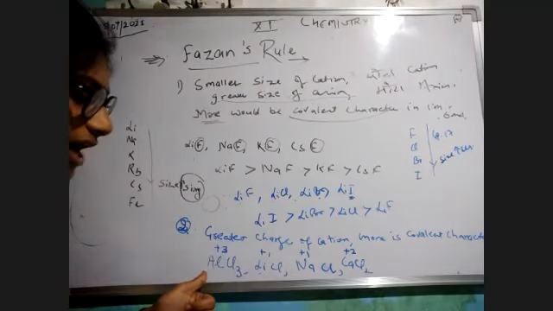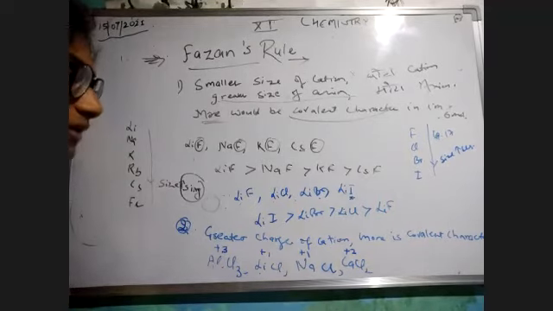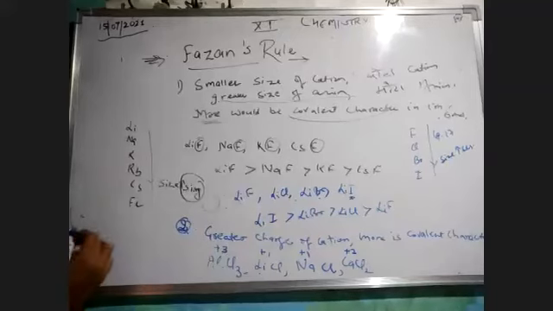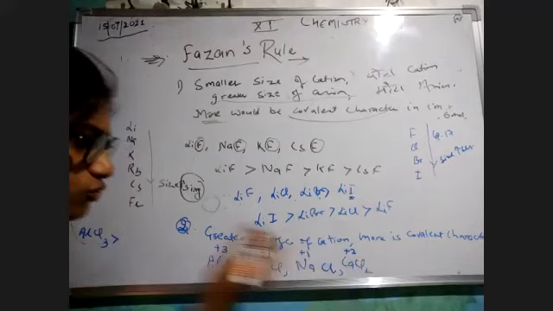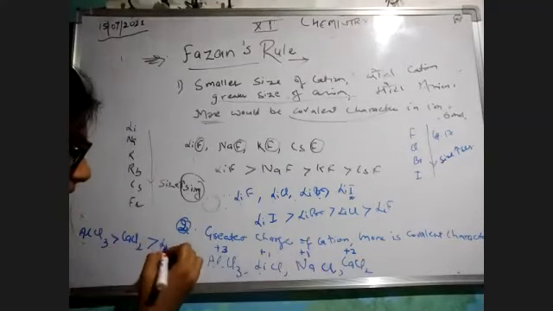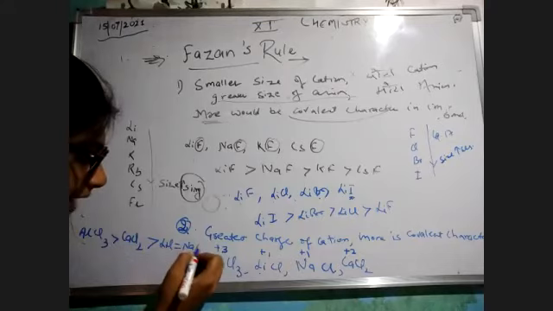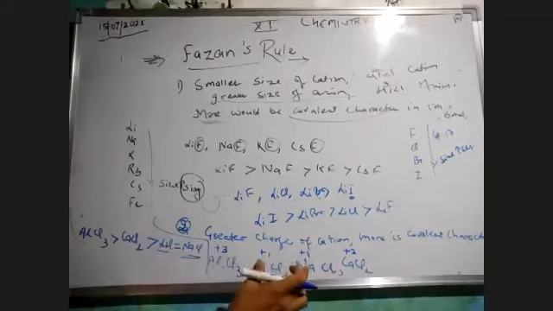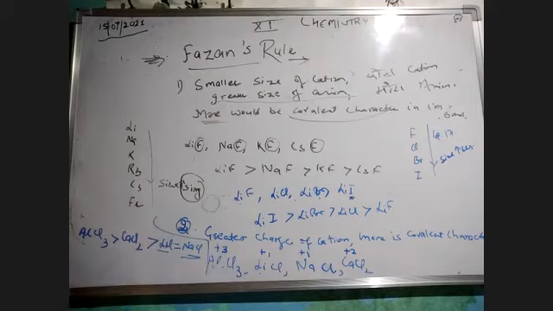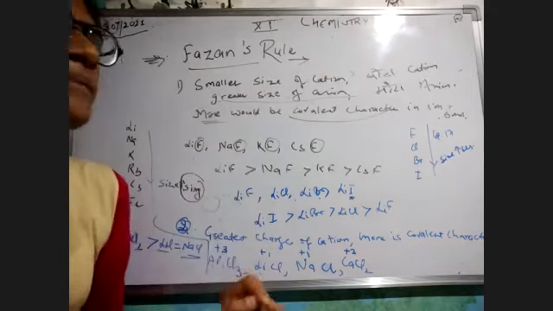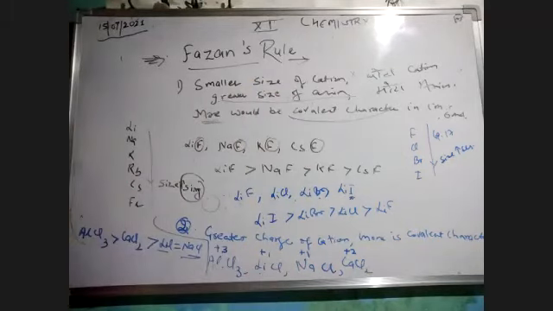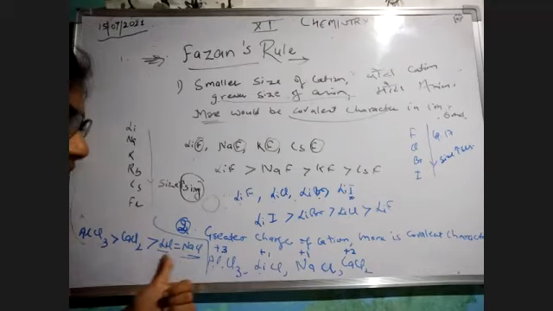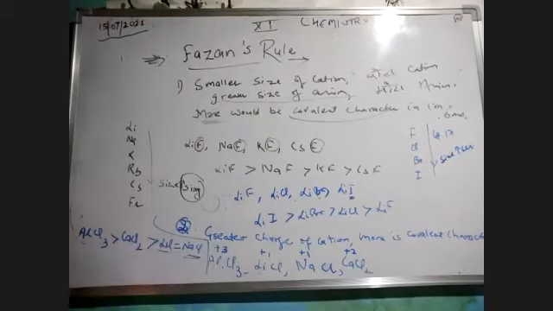That means the charge is maximum in this case. So my overall result would be AlCl3, then calcium chloride with +2, then lithium chloride and sodium chloride at the same level, because the charge of these two is the same. But here our question is not complete, because we also have the first rule, that is smaller the size of cation and greater the charge of cation. That means these two we cannot compare on the basis of charge, but we can compare them on the basis of size.